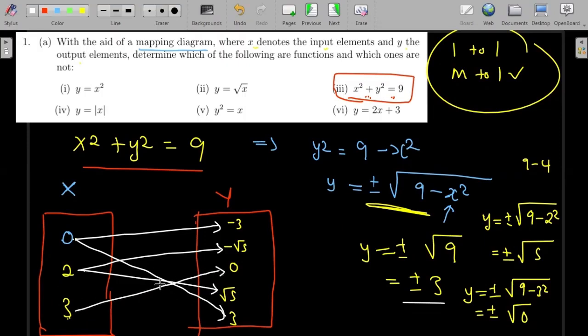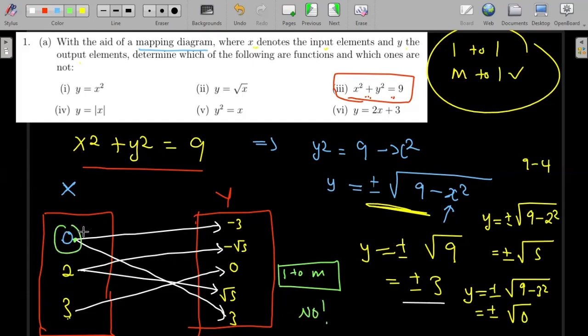Now you ask yourself, what kind of relation am I having here? We see that I have one input, 0, being mapped to two different things. That is one to many, and in our introduction, we said one to many is never a function. So you're going to say no, it's not a function. Or if you want, you just use the same mapping that you have.